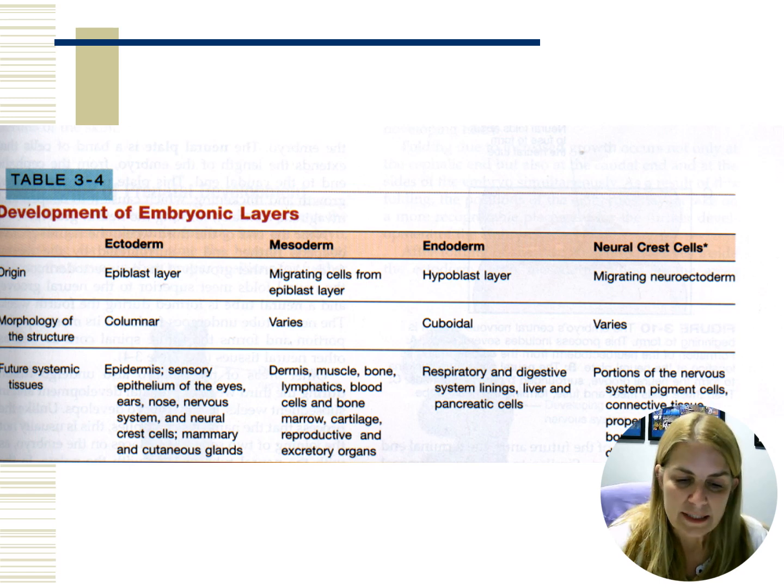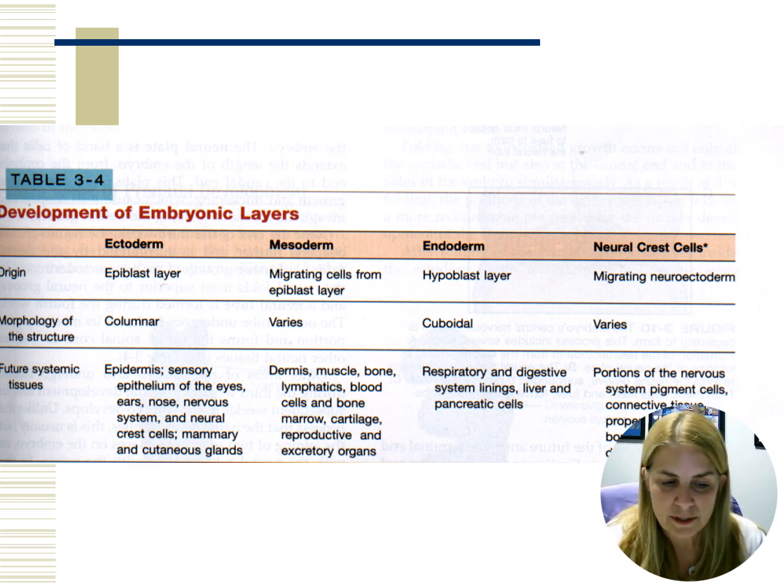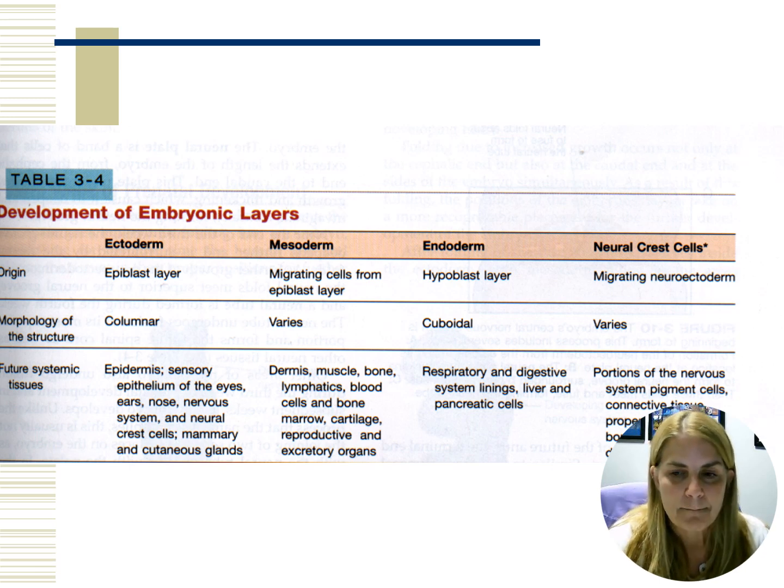The neural crest cells develop from neuroectoderm, and the neural crest cells come from the crest of neural folds. Neural crest cells plus mesoderm equals mesenchyme, and mesenchyme in particular is involved in the development of many face and neck structures such as the branchial arches.